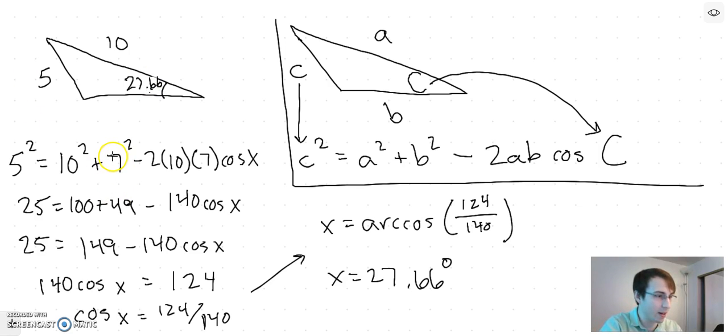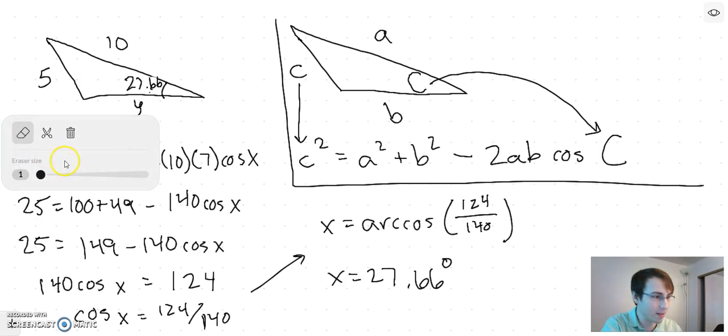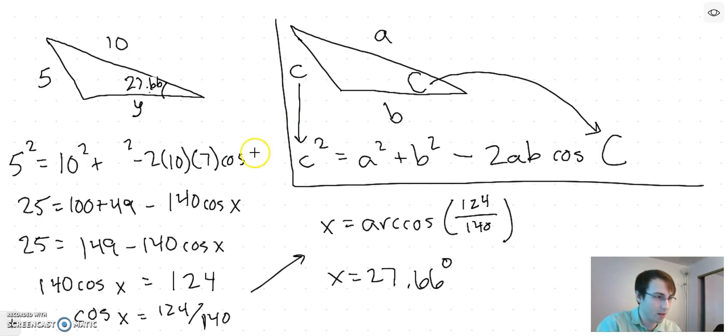Well, now let's say this side is y. So what we would change in our equation here is this would become y, and that would become a known value. So that's cos 27.66, and that'd be y squared.